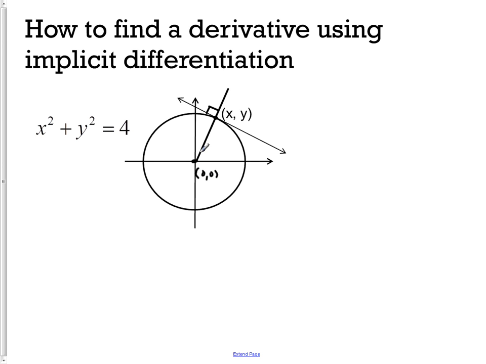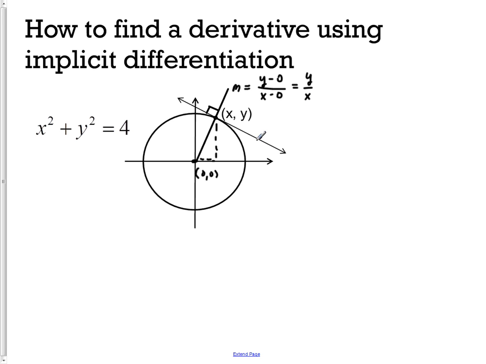Here's the point x, y. So the slope of this line, going from the center to the tangent point, is equal to the difference in the y values, y minus 0, over the difference in the x values, x minus 0. And so the slope is y over x.